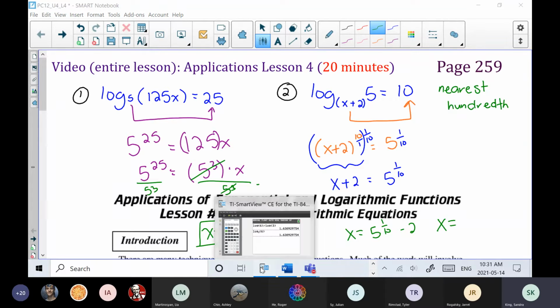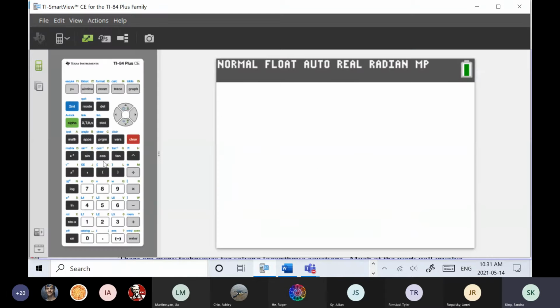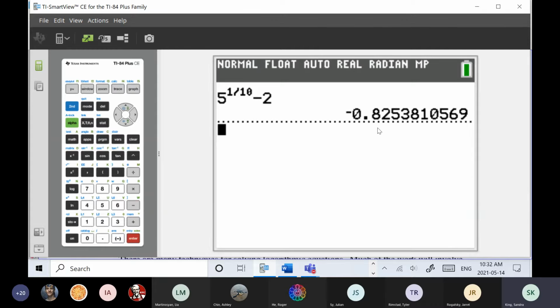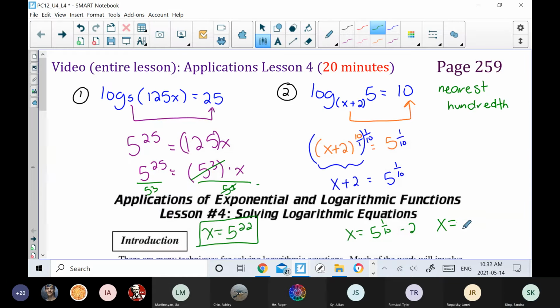So you would take out your calculators, and you would type in 5 to the power of 1/10, and then minus 2. So the answer is negative 0.83, to the nearest hundredth, which is 2 decimal places. That would be your answer.